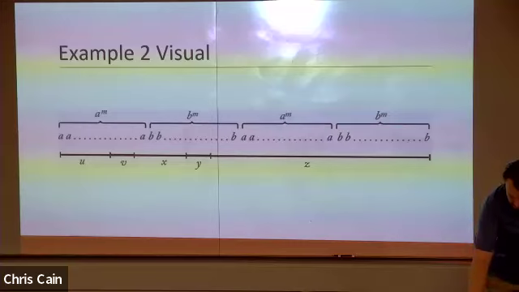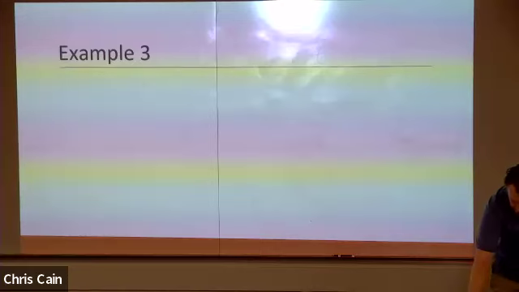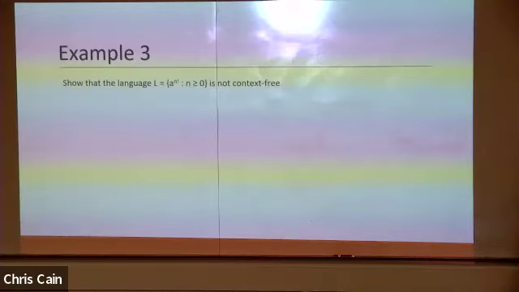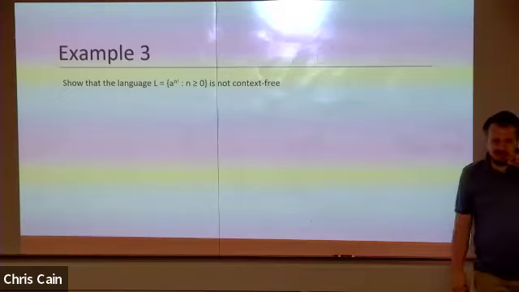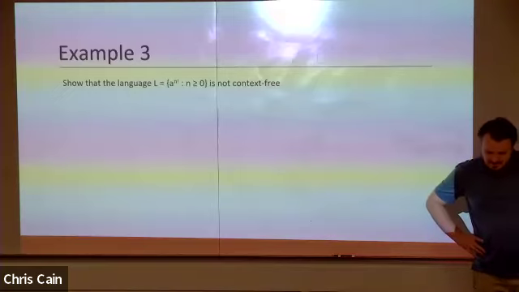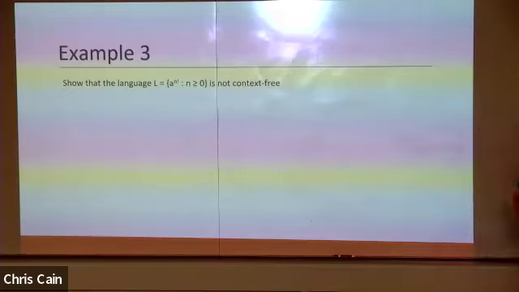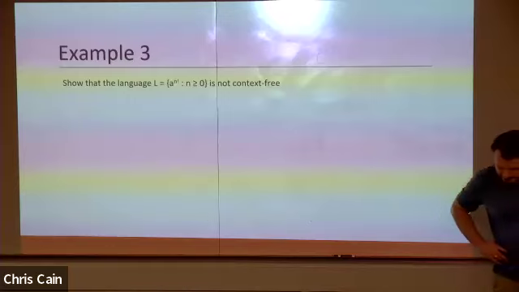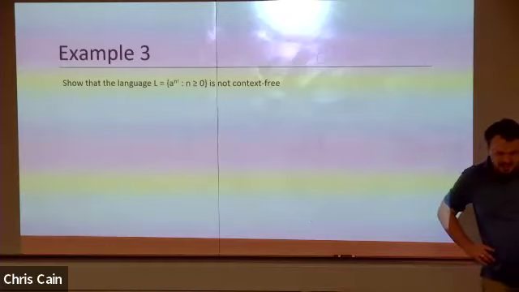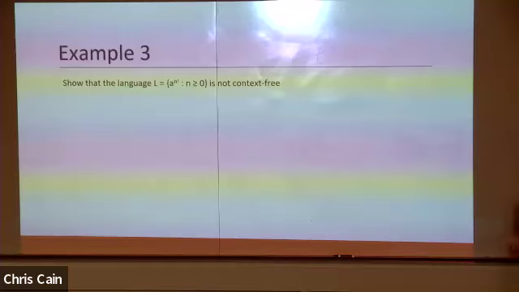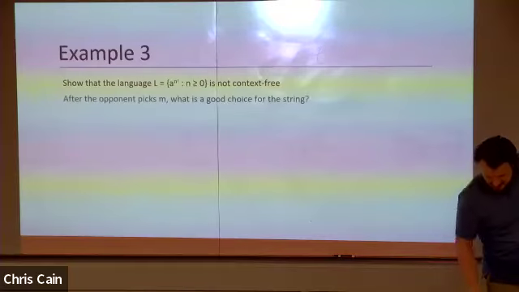Ready for another example? All right, a to the n factorial. How could we possibly show that this is not context-free? Again, the hard part is, what is the string?